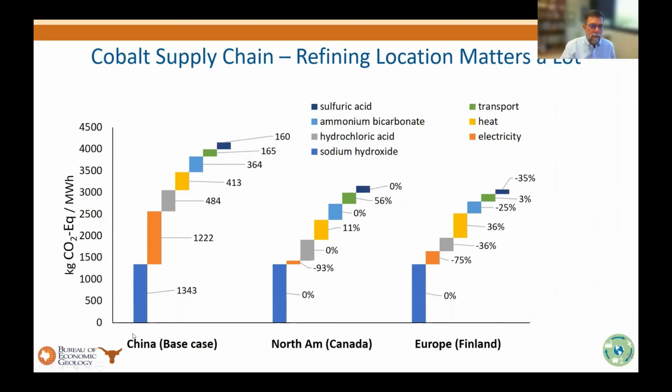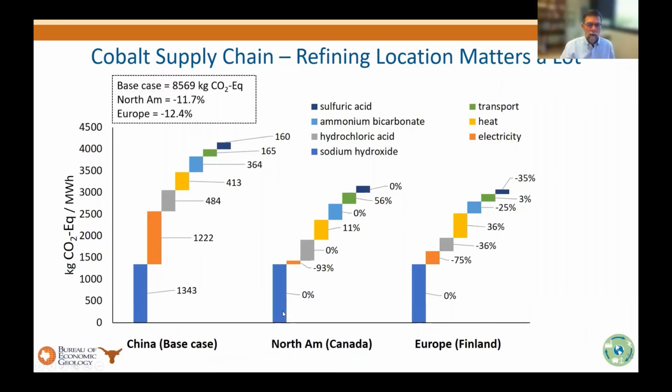As we move from China over to North America, we can see the reduction, for example, in the electricity use as we change to the North American and the European scenario. So just changing the location alters not only the grid mix where the processing is done, but it also changes the transportation distance.